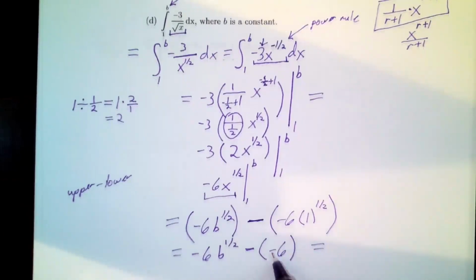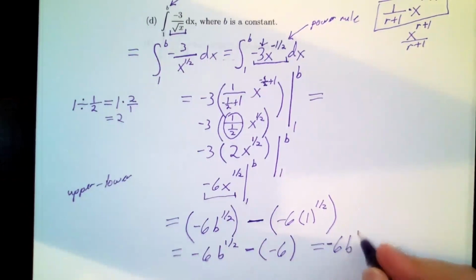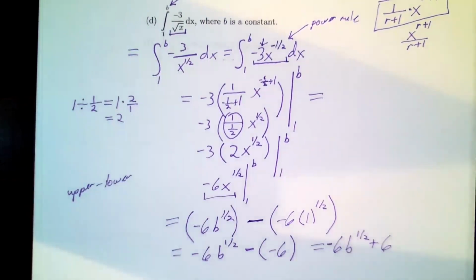Minus minus becomes plus, so this becomes -6b to the 1/2 plus 6. And then we're done.